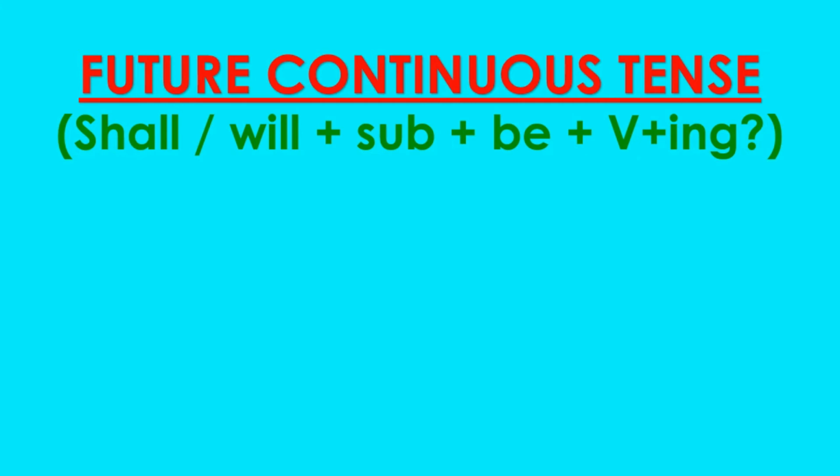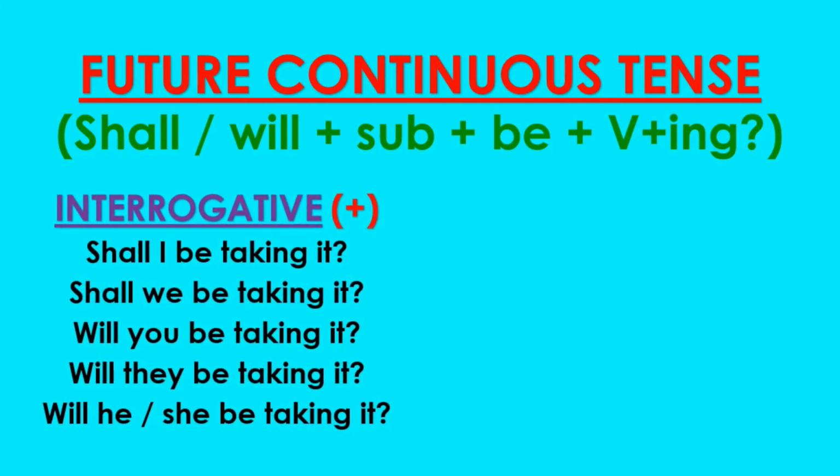Let us now look at some of the examples. Shall I be taking it? Shall we be taking it? Will you be taking it? Will they be taking it? Will he or she be taking it? Similarly, in case of negative questions, it is a matter of adding not to each one of these sentences.